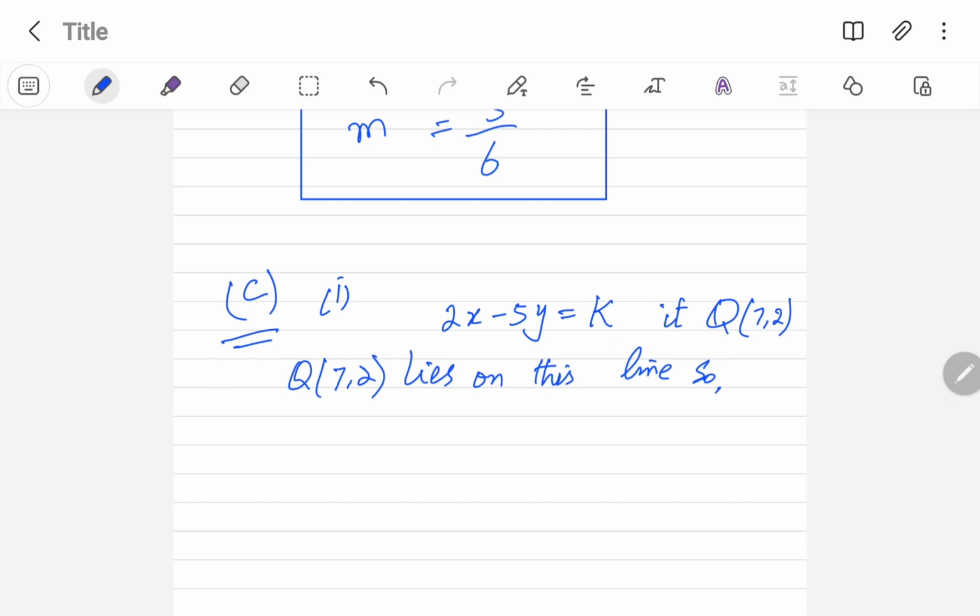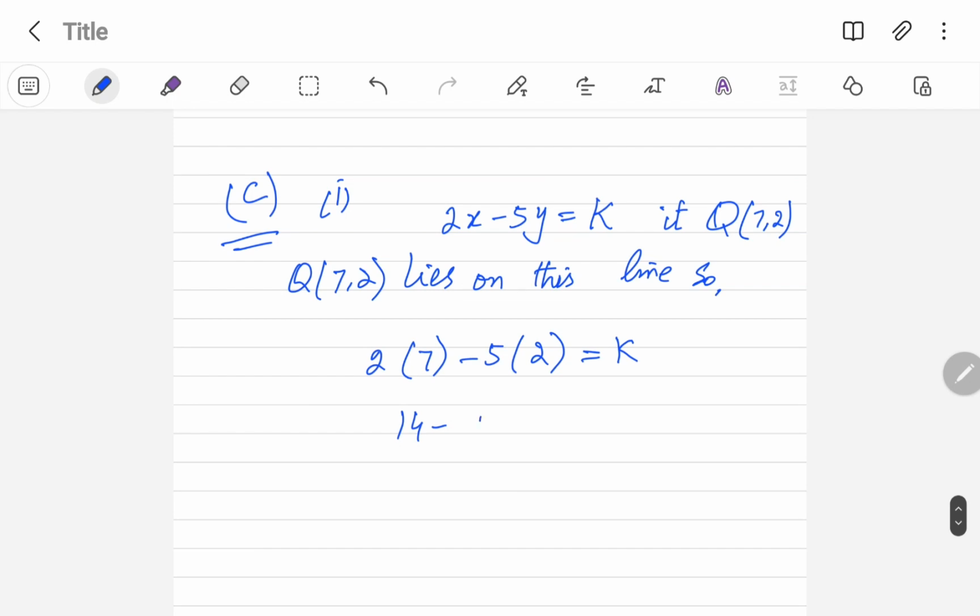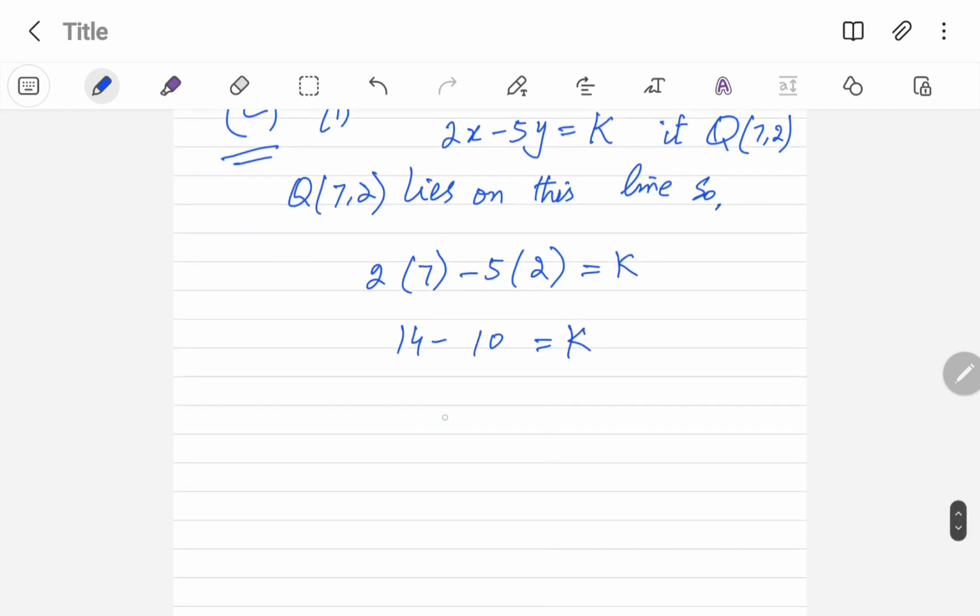So putting the values of Q in this line, 2 into 7 minus 5 into 2, it will be equal to k. It will be 14 minus 10 is equal to k, and 14 minus 10 it will be 4 is equal to k. This is the value of k that we want to find out.